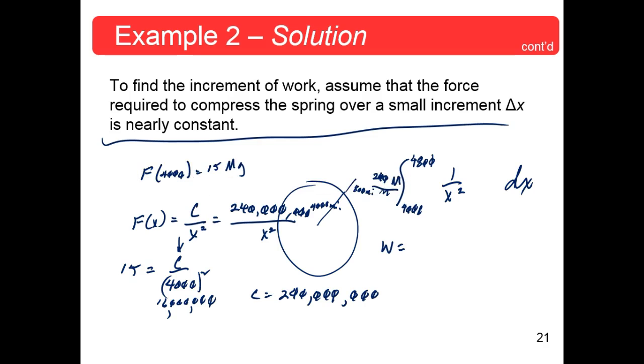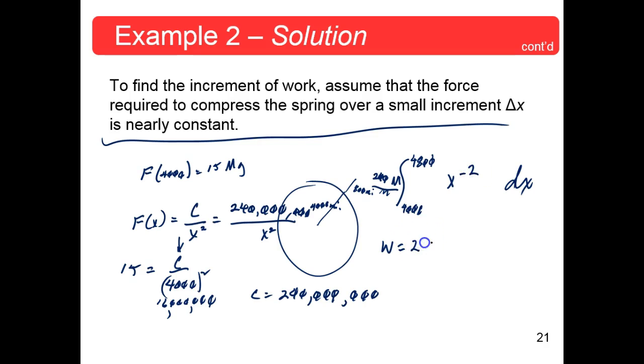Now, how do you integrate 1 over x squared? What's the best way to do it? Good approach to it. Yes, rewrite that as x to the minus 2. So let's do this integral. Can I just erase what I have in there and write in its place x to the minus 2? Okay. And how do we integrate this?